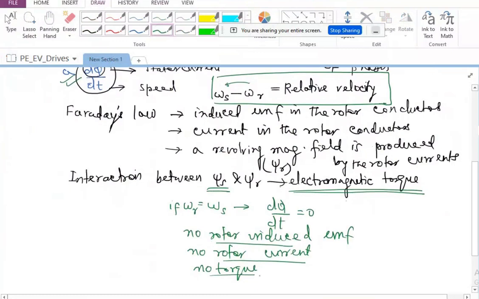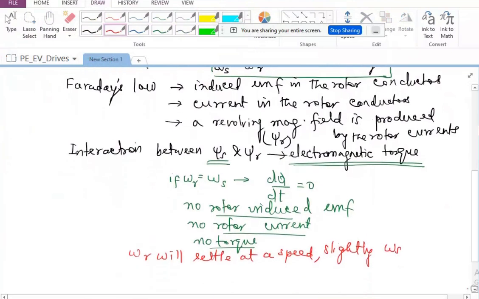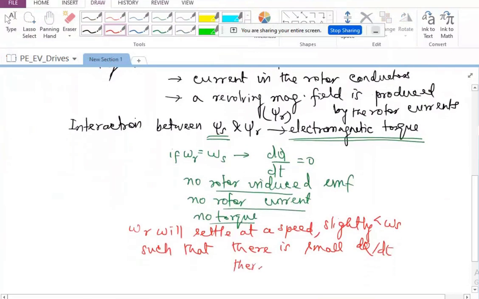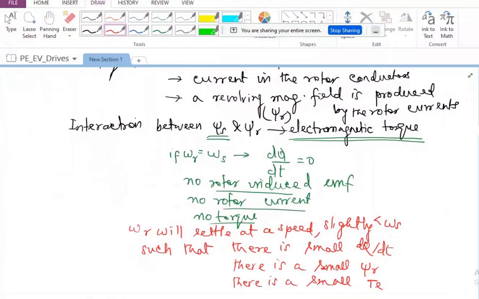So ultimately, ωr will settle at a speed slightly less than ωs, such that there is a small dφ/dt, a small rotor current, and ψr, and a small torque is produced so that the rotation can be sustained.